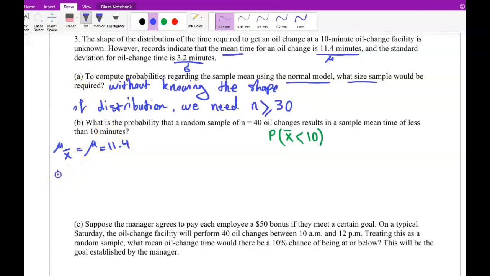And the standard deviation is the population standard deviation 3.2 divided by the square root of the sample size 40, so here it is 0.5060.